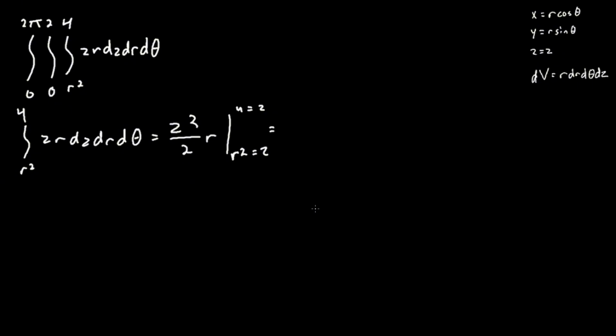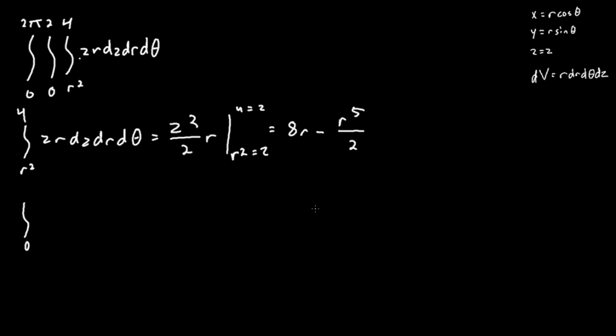So when you substitute 4 in, because you always integrate with the upper bound first, you get 16 over 2, which is just 8r. If you substitute r squared into here, you get minus r to the power of 5 over 2. Now this is our new integrand.